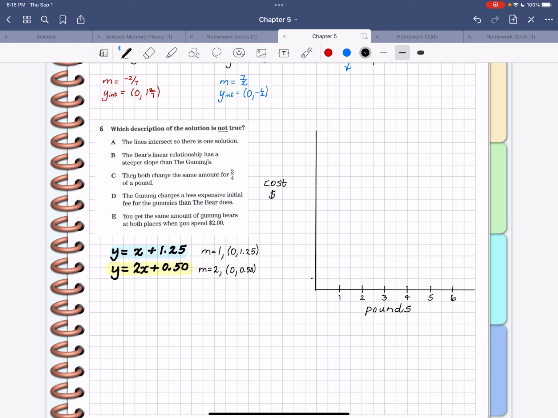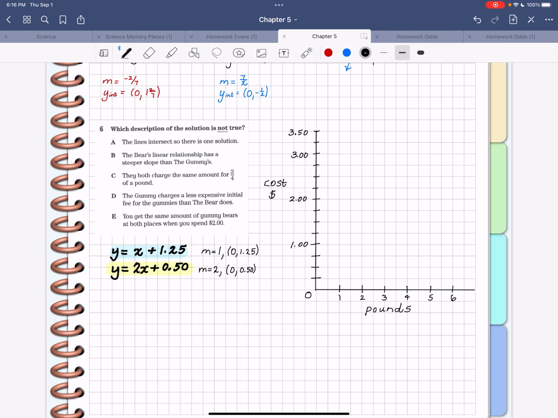And for the cost, I'm going to scale it in terms of quarters. So we have $0, and there's 25 cents, 50 cents, 75 cents, $1, then $1.25, $1.50, $1.75, $2, $2.25, $2.50, $2.75, $3, and then $3.50. So that is my cost dependent variable.